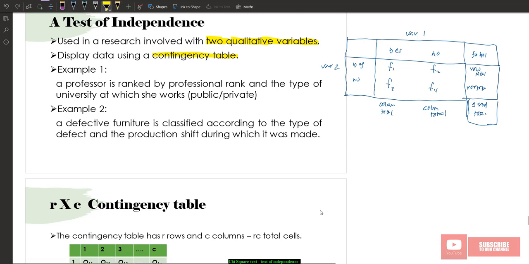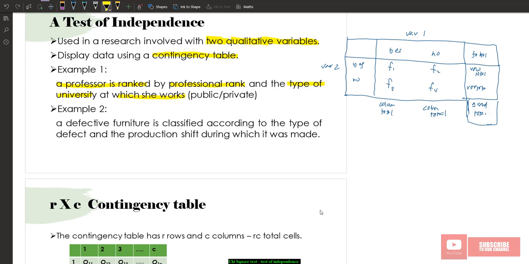An example of a test of independence: professors are ranked by professional rank and the type of university at which they work, public or private. Of course in a university we have professor ranks 1, 2, 3 and 4, and then we have the type of university, whether public or private.